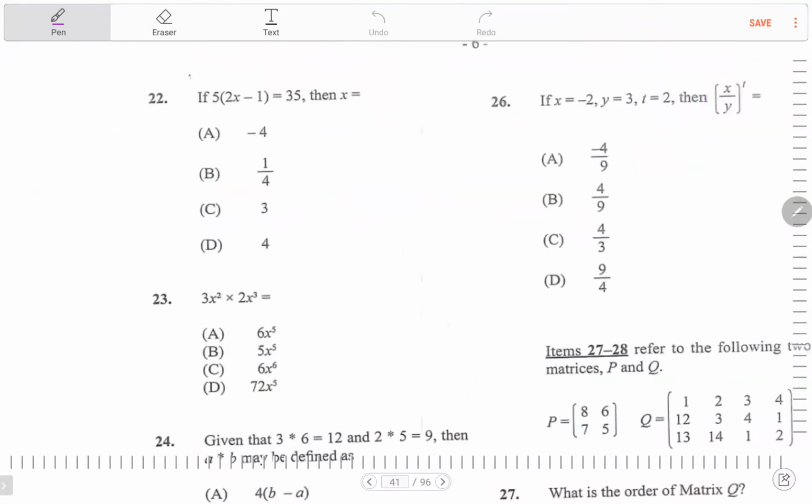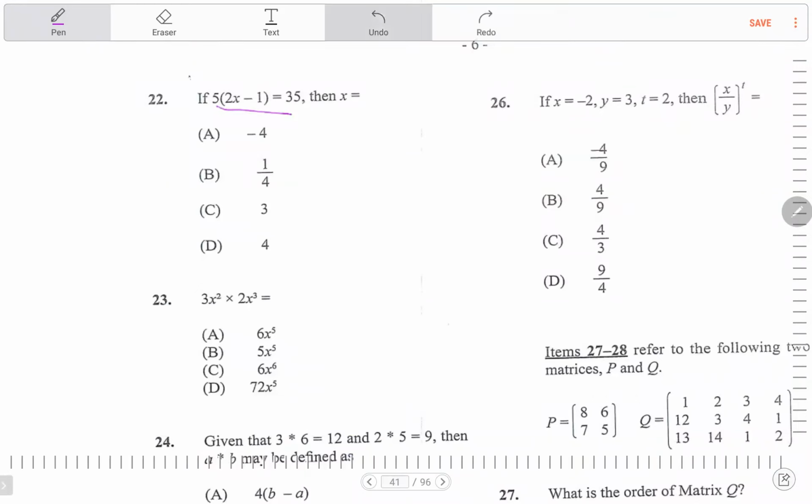All right. So in this question I was solving for x. To solve for x, we want to divide by 5 first. We divide by 5. We're going to get 2x minus 1 equals 7. We're going to add the 1 and then divide by 2.